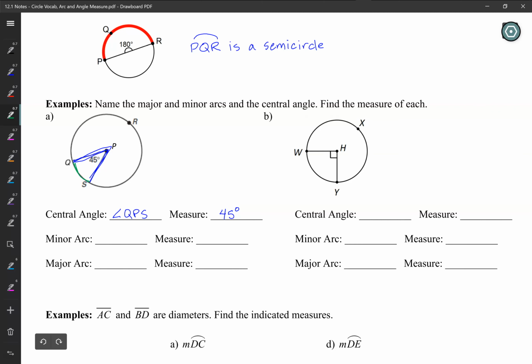Our minor arc is arc QS, and its measure is equal to that angle, so it is also 45 degrees. And our major arc, going all the way around here, is arc QRS, or SRQ. And to get its measure, 360 minus 45 degrees is 315 degrees.